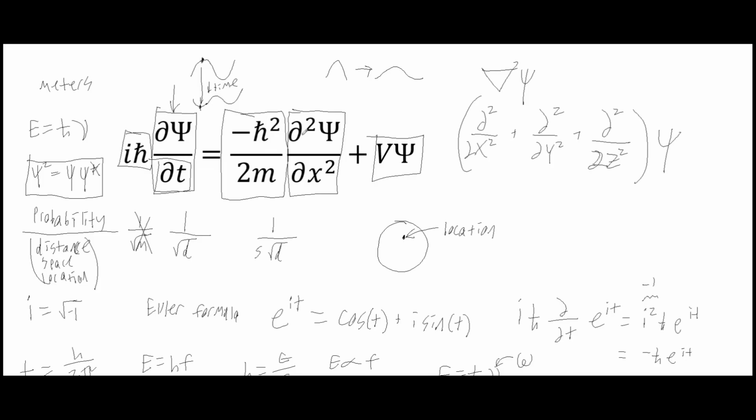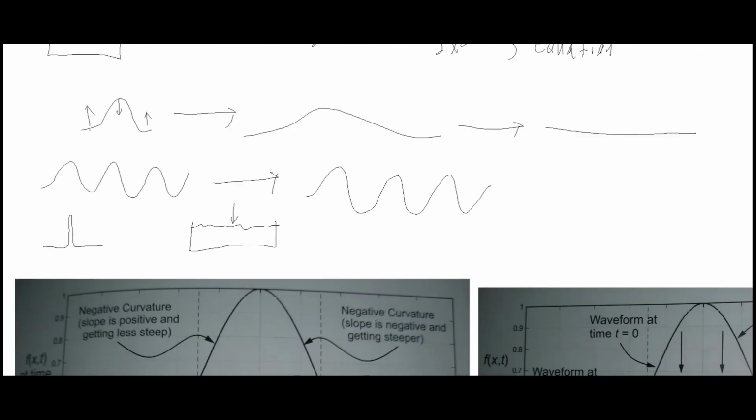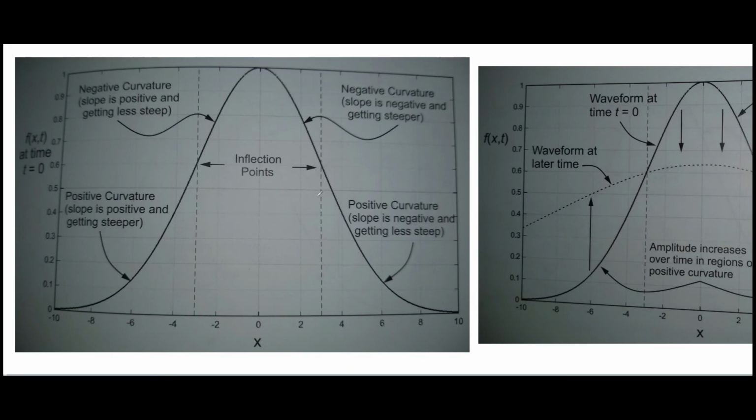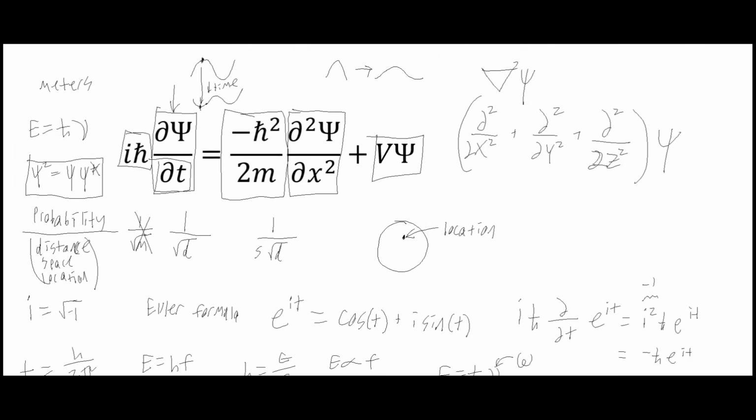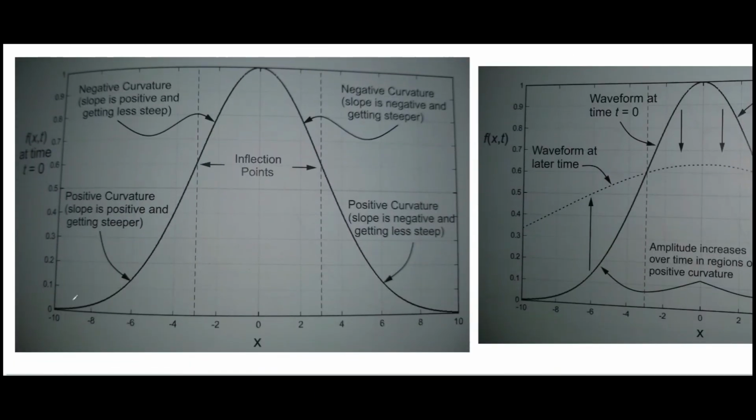And then we talked about this, which is just the shape in space, and that was what brought us to these here. Because it's a second order differential, it's telling us whether it has positive or negative curvature, which gives us a shape like this.